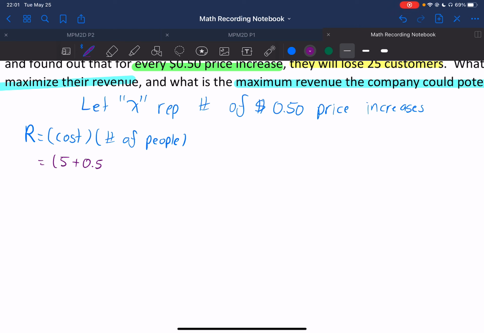Now, the number of people is dependent on how many times we increase the price. So the maximum amount of people we can have in the movie theater is 400. And every time we increase the price, we're going to be taking away 25 people.